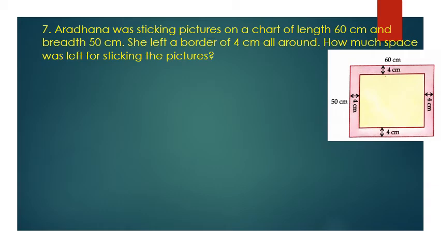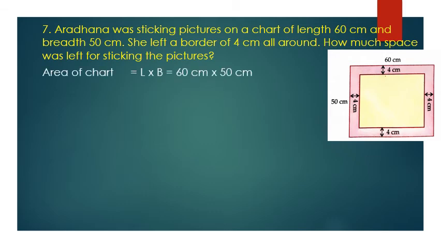Children, as you can see in the picture, the figure is given and the chart paper is rectangular in shape where 60 centimeter is the length and 50 centimeter is the breadth of the chart paper. And you can see the border which is left by Aradhna, and the width of the border is 4 centimeter, and you can see the border on each side of the chart.